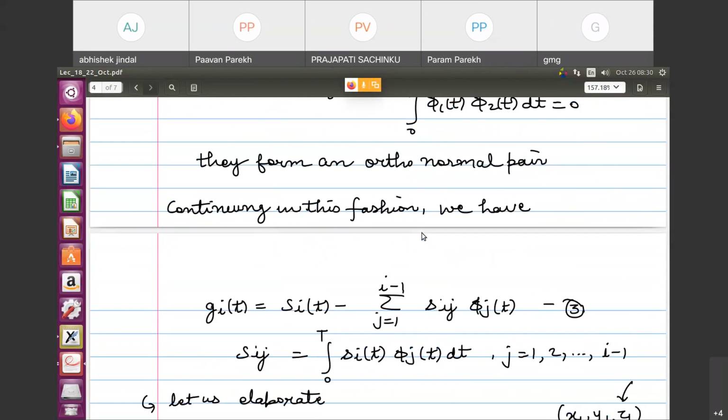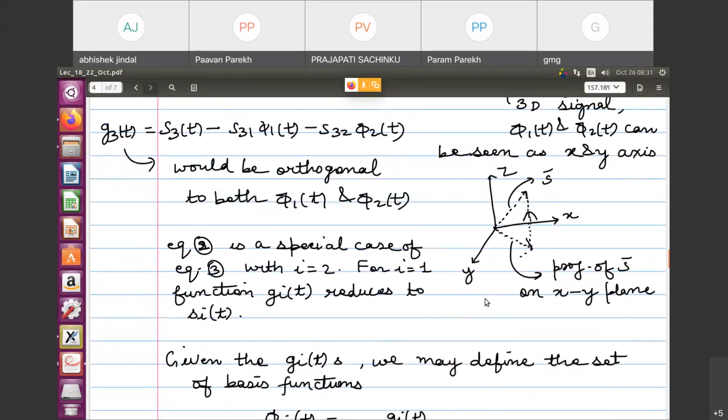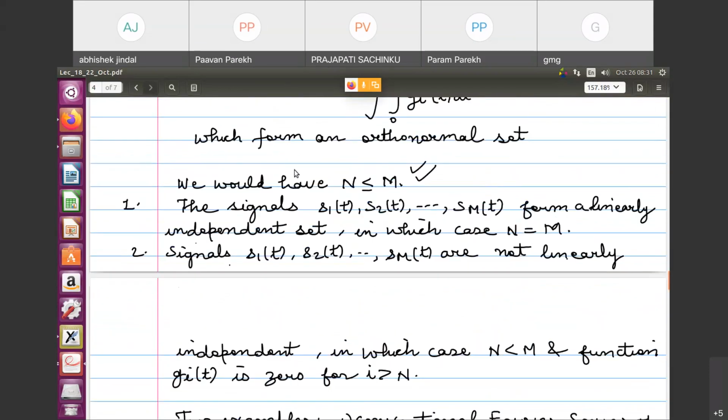Those capital N functions will form an orthonormal set, and capital N has to be less than or equal to capital M. We didn't prove it because, from the concept of dimension in linear algebra, the number of elements in the set cannot exceed the number of dimensions. So capital N is less than or equal to capital M, and we saw two cases: capital N strictly less than M, and capital N equal to M.